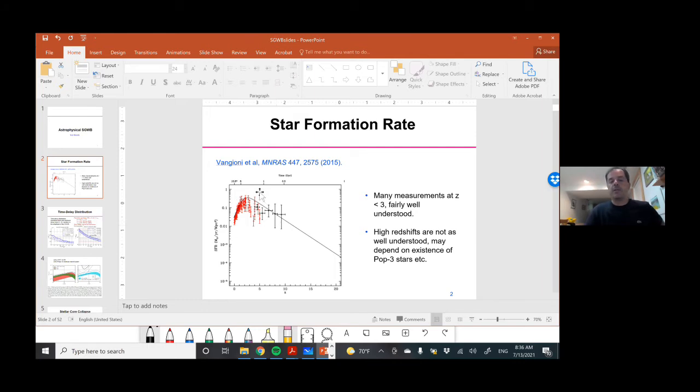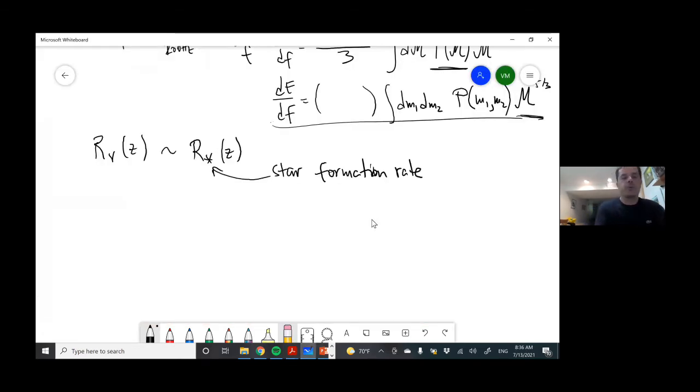This part is what matters the most, and typically what we do is we fit some sort of a curve to these data points, just to make things more tractable and calculable. So one of the functional forms that we use for the star formation rate looks something like this.